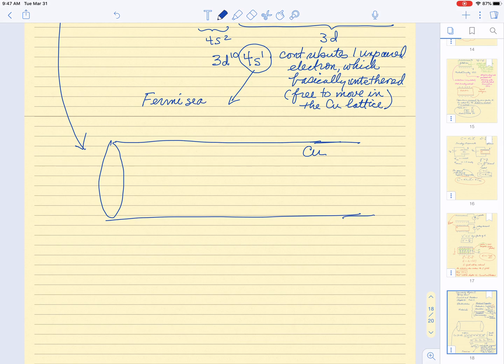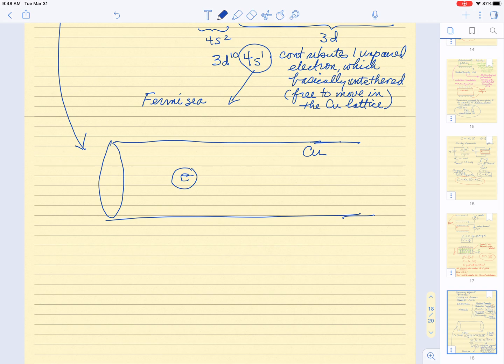We have a sea of electrons that are basically free to move within the copper material, or copper lattice. And so let's look at one of these electrons. Here it is.